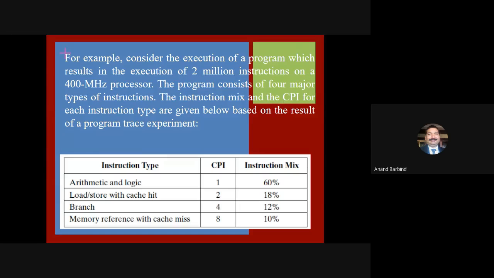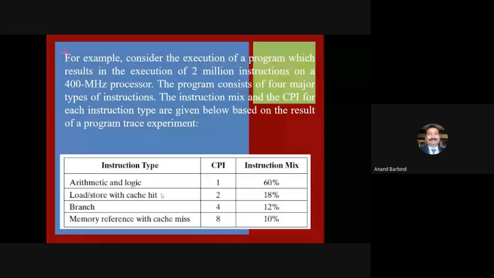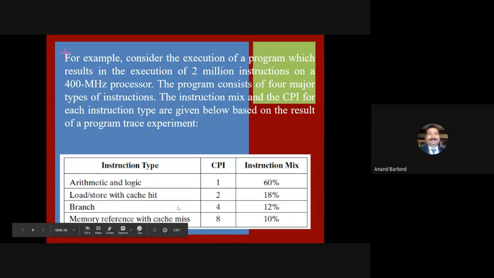Okay. In this, the point again to be noted is that when the instructions are related to memory, then the time required for fetching the instruction, if the instruction is available in the cache memory, is only 2 cycles, whereas if it is there in the primary memory, not in the cache, then the cycles required are 8.